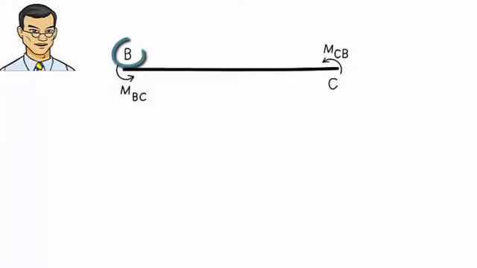If the ends are labeled B and C, we refer to these moments as MBC and MCB respectively. Further, we denote the beam's rotation at B as theta B and use theta C for rotation at C.